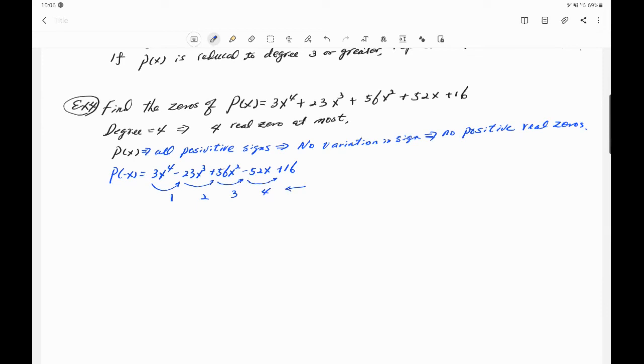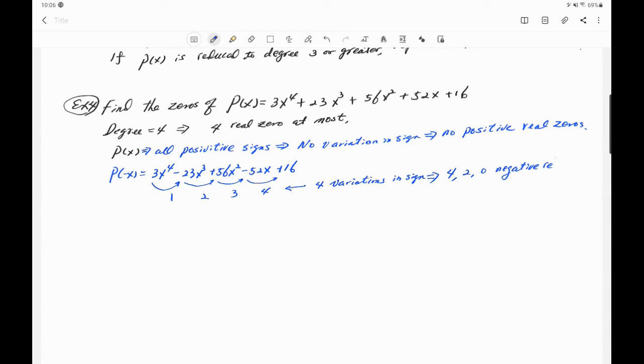So how many are there? There are 4 variations in sign changes, right? So there are 4, and subtracting 2 gives 2, and also 0.